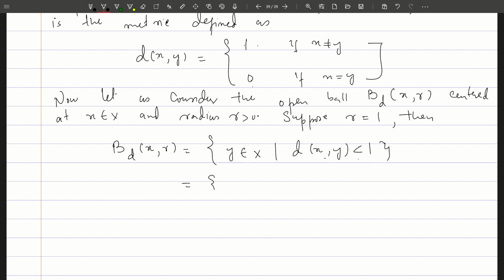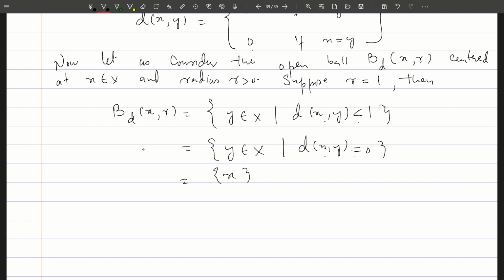So it is the set of all points y in X such that the distance between x and y is 0. Now the distance between x and y is 0 if and only if x is equal to y. That means this set is the singleton {x} alone. That means this open ball induces this set, so this set has to be open.